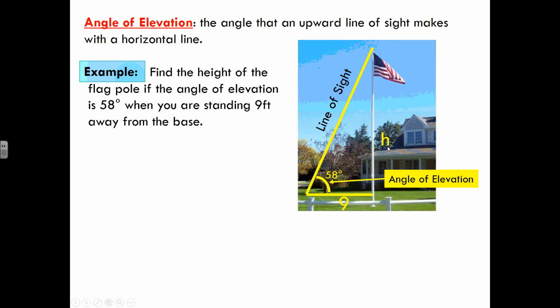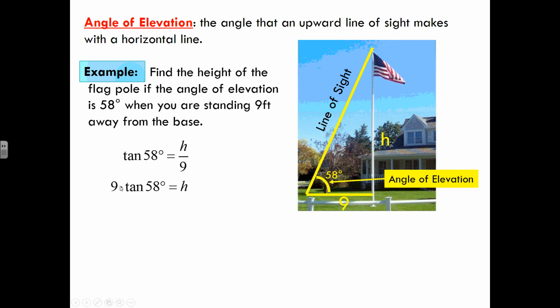Now that I've plugged everything in, I can see that the height is the opposite leg for this angle, and the 9 is the adjacent leg. So that means I'm going to be using the tangent function, or tangent ratio. I can set up my equation that says the tangent of 58 is equal to the height over 9. Now cross multiply.